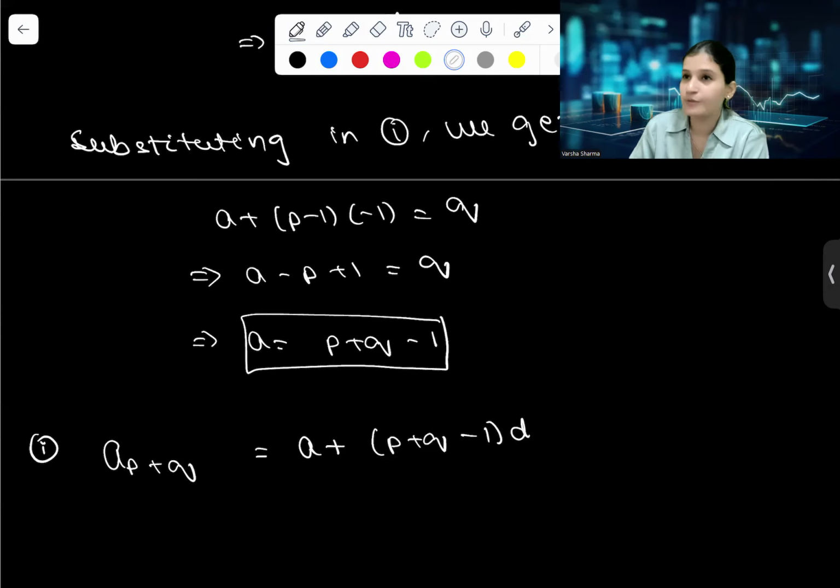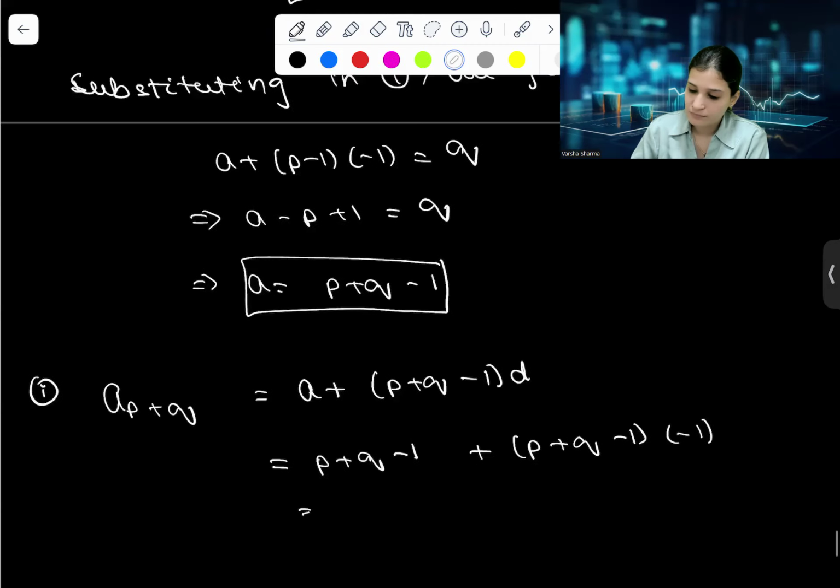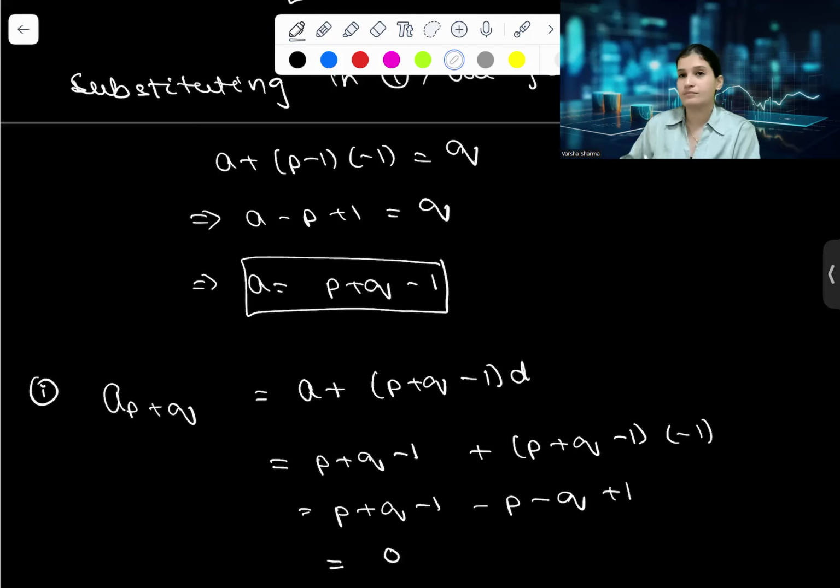Now substitute the values of a and d. a is p + q - 1, d is -1. Everything gets cancelled, so 0. The (p + q)th term is 0. Any doubt?